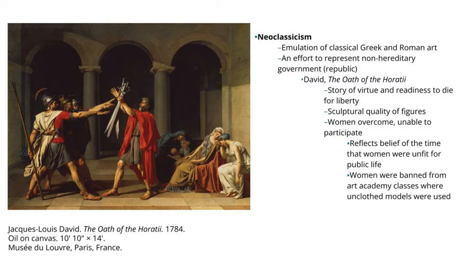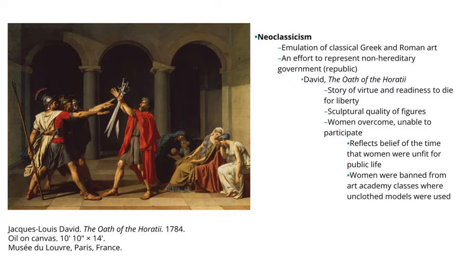They have a very sculptural quality in the lights and shadows of their muscles and their clothes. And also, the women over here are completely overcome. They're unable to participate in what's going on. They're practically passed out. And this really reflects the belief of the time that women were unfit for public life.